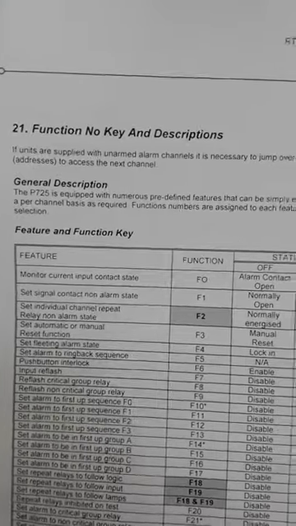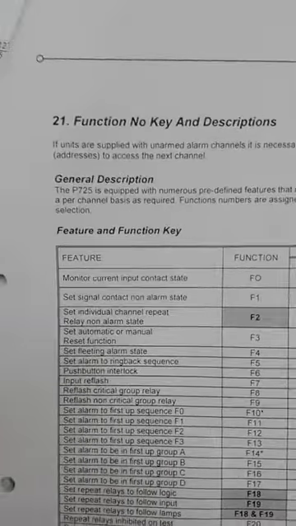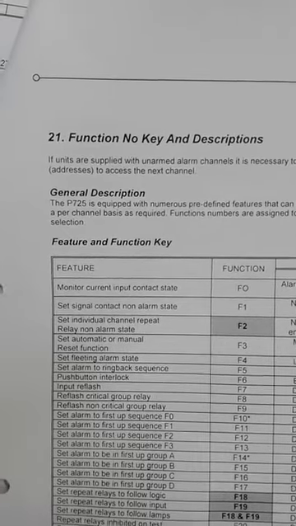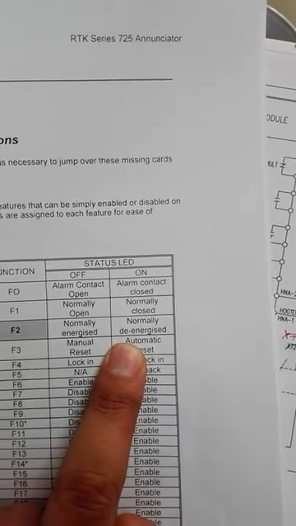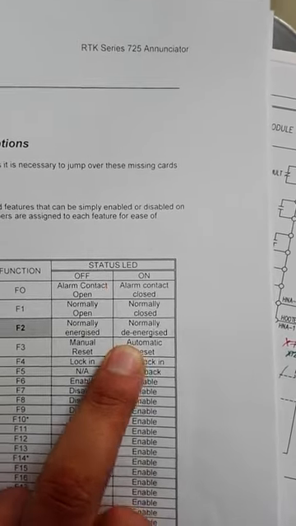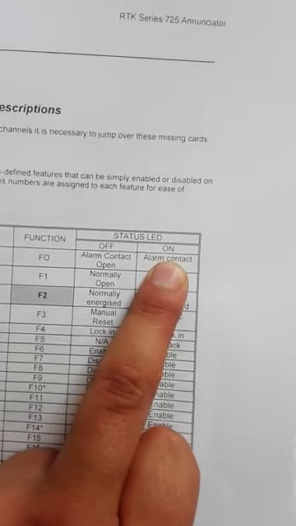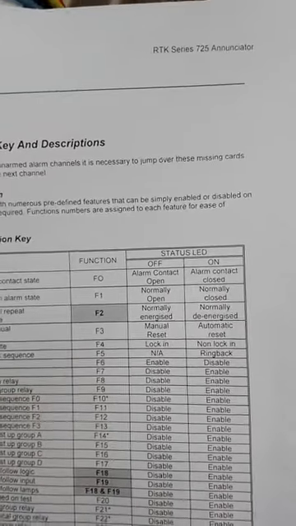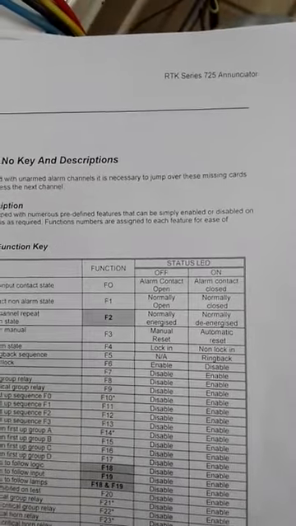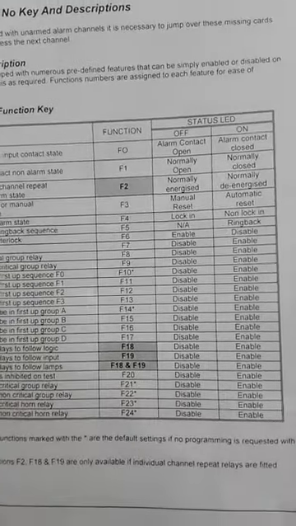It means my relay should be in non-alarm state. For this I have to make it normally de-energized, which means my LED status should be made on. After that I will go to the practical and show you how to enable F2 and make it on for all 16 channels or 16 windows.